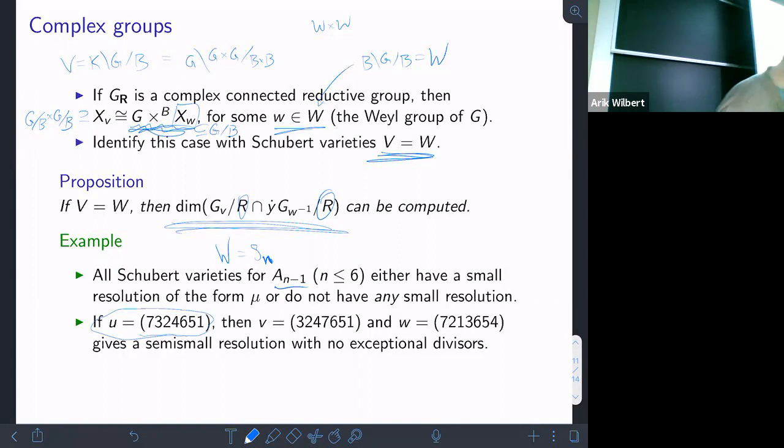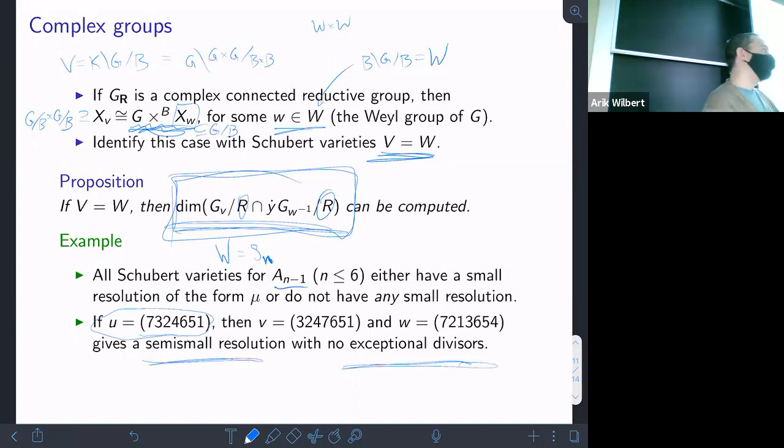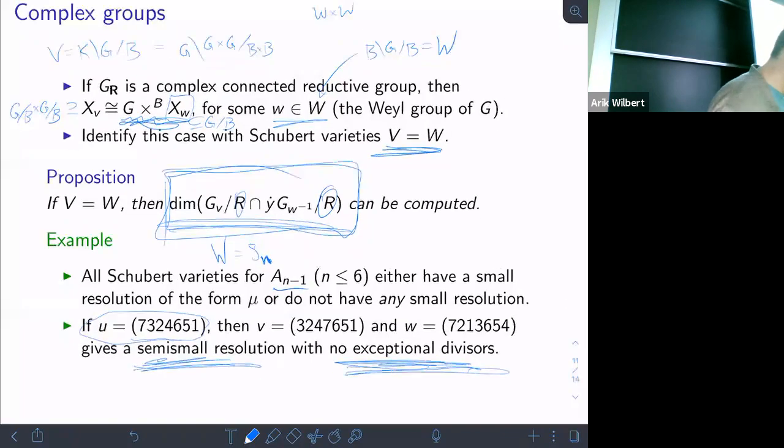Using a resolution of this form, with just two Schubert varieties in the resolution, you can actually find a semi-small resolution with no exceptional divisors. So if you're just looking for the intersection cohomology, you can use the decomposition theorem with a semi-small resolution. And the singular locus you can compute using the no exceptional divisor. It's an interesting surprise for me there.